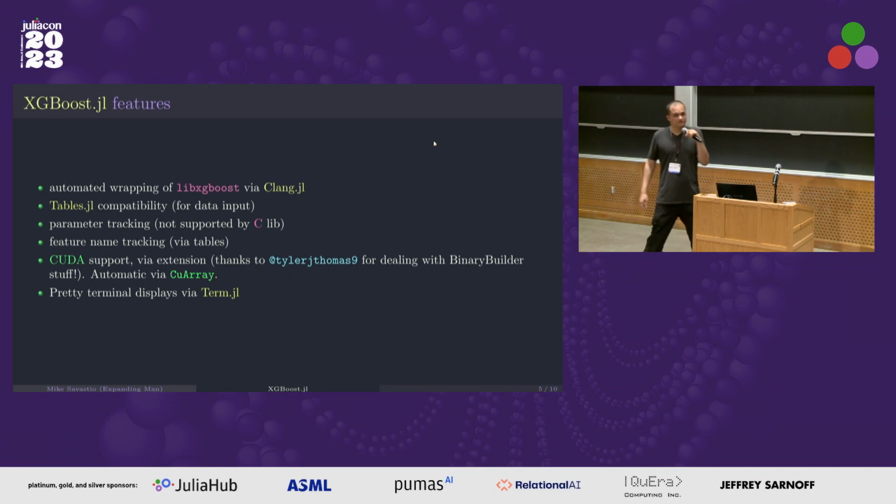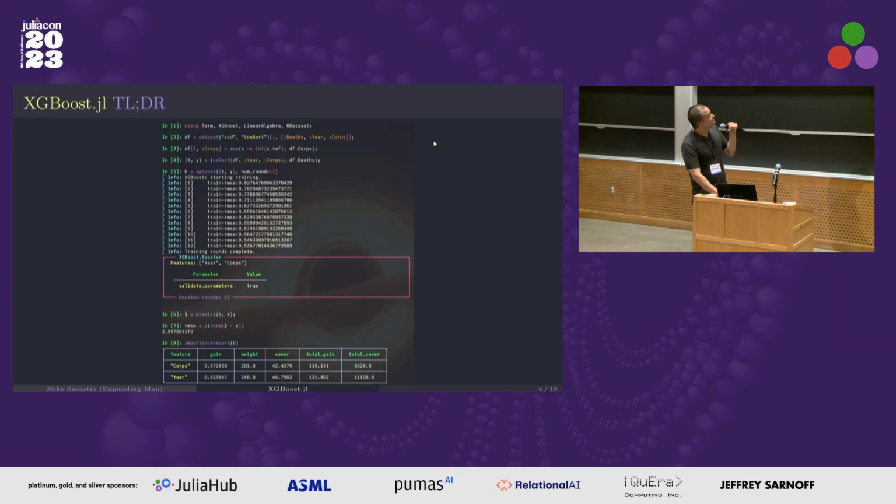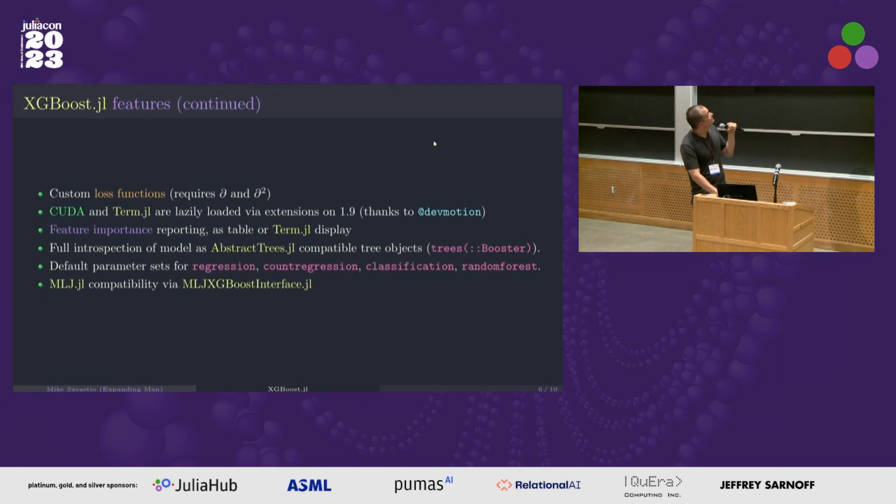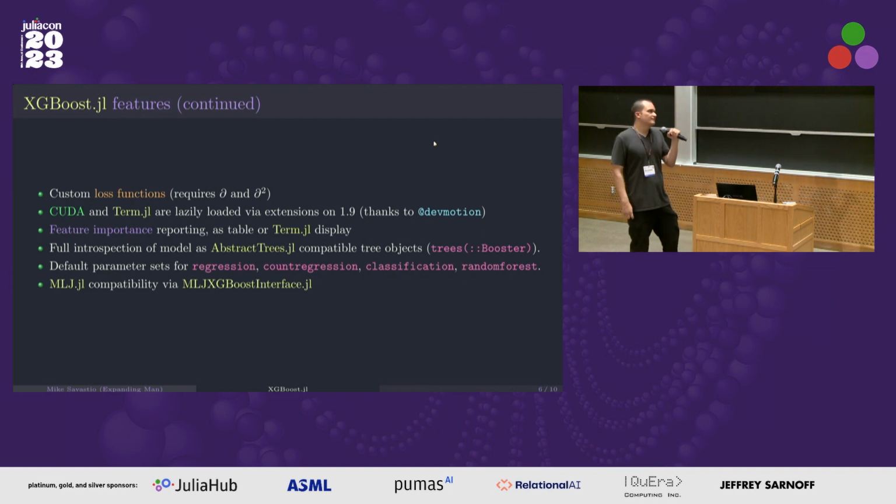There's support for GPUs via CUDA, which again is lazily loaded now. Some nice terminal output via Term.jl, which makes these pretty displays that you saw there. It does support custom loss functions. For the time being, it requires you to provide the first and second derivatives yourself. There's also feature importance.